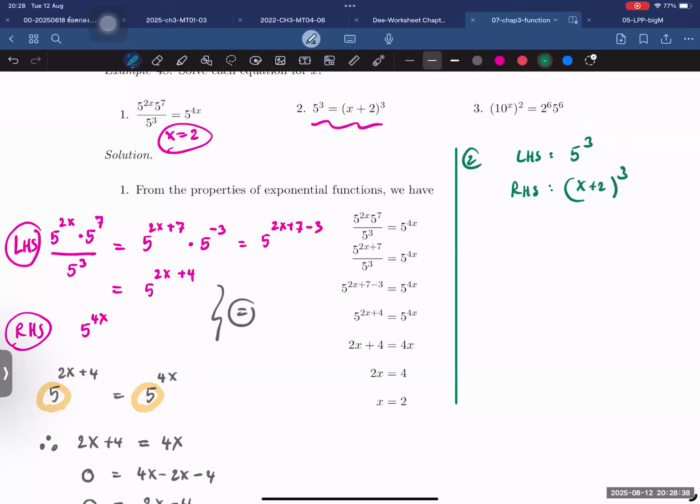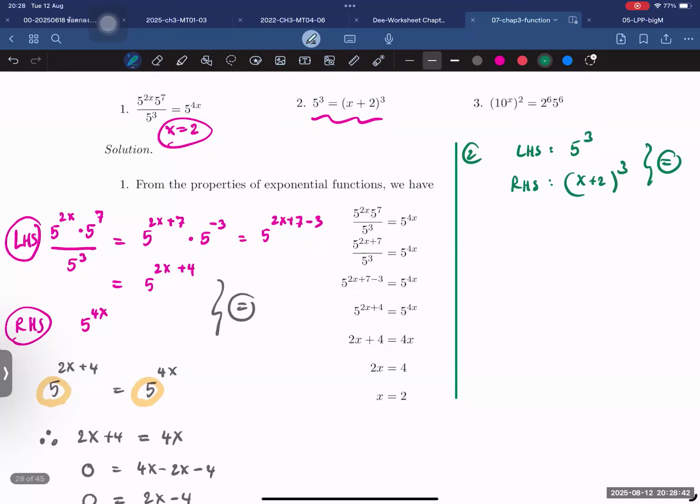So same power means if these two are equal, it means that the base on the left must be equal to the base on the right. It means that 5 must be equal to x plus 2. So must be 5 equal to x plus 2. Now we subtract both sides by 5. We got 0 equal to x minus 3. So it means that x is 3.